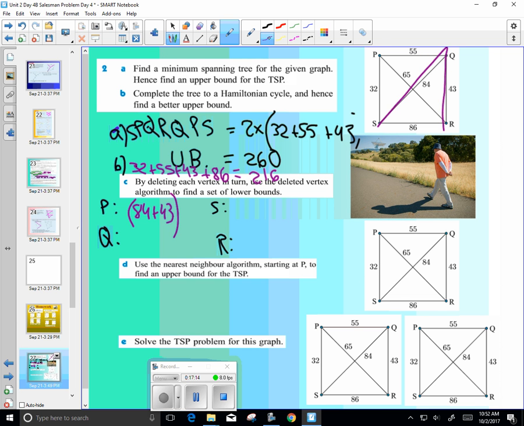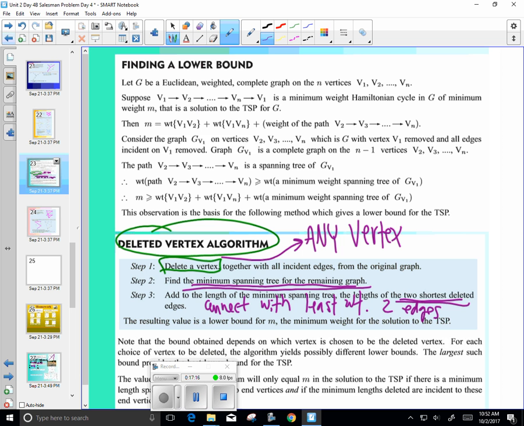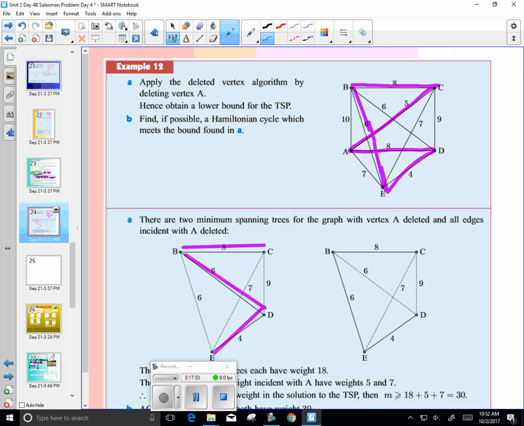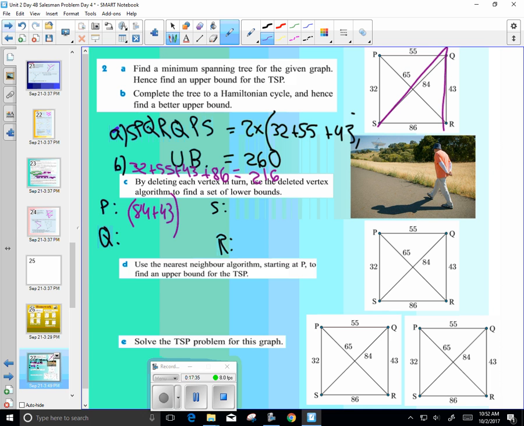Oh, wait a minute. Are you right? Find the minimum spanning tree, add to the length the minimum spanning tree of the 2 shortest, the lower bound minimum weight of the solution. You need to add the lengths of the 2 shortest deleted edges. Oh, okay. It doesn't give you an actual answer. All right. Okay. So good.